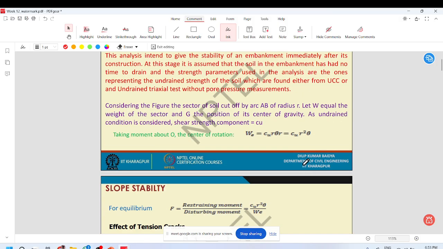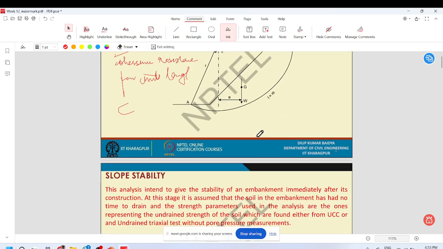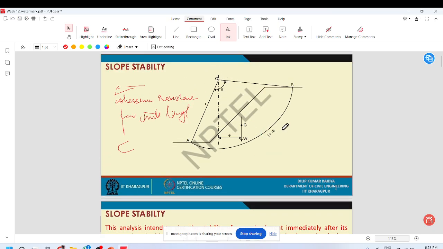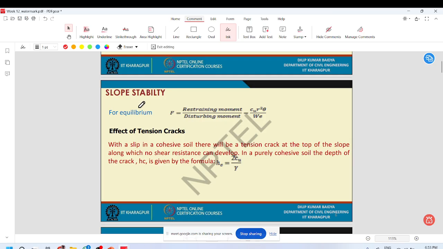You take the moment of your driving and your resisting forces. Resisting moment will be your Cu into r theta, which is the total cohesion along the slip surface, multiplied by r, because all the points on the line will be at a distance of r from the center.